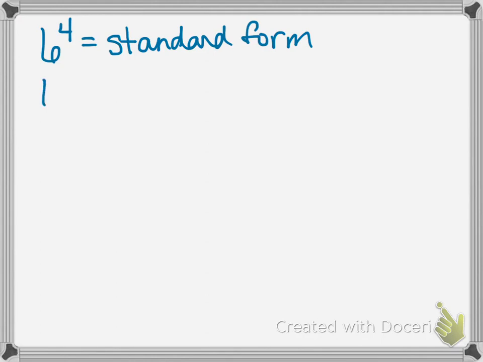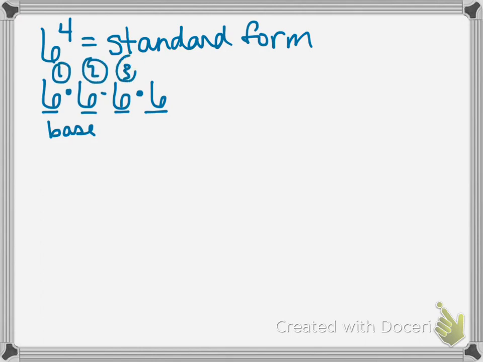So 6 to the 4th power means that we're going to multiply 6 by itself 4 times, where 6 is our base. And because we have to multiply it by itself 4 times, that is our exponent. And when we write it out, 6 times 6 times 6 times 6, we call this expanded form.